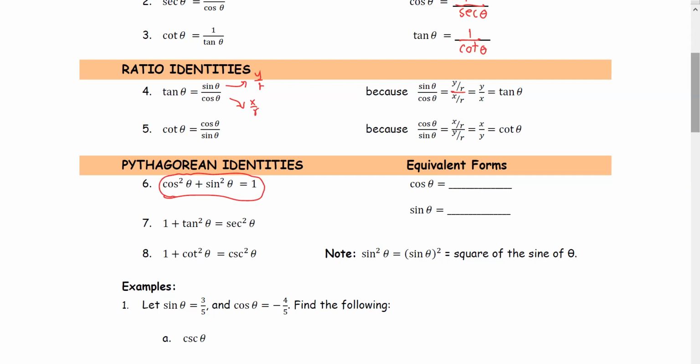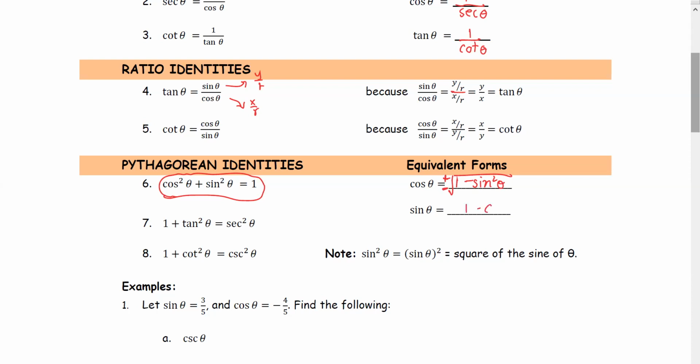The equivalent form, the cosine theta, can be found by solving the Pythagorean identity, cosine square theta plus sine square theta equals 1. So we subtract sine square from both sides. So we have 1 minus sine square theta, and then take the square root, including plus and minus sign. In a similar way, the sine theta can be solved by subtracting cosine square from both sides.